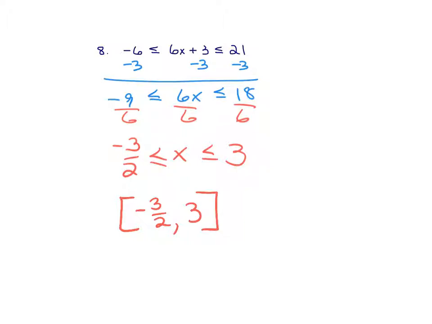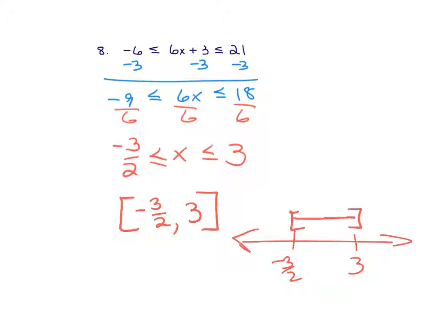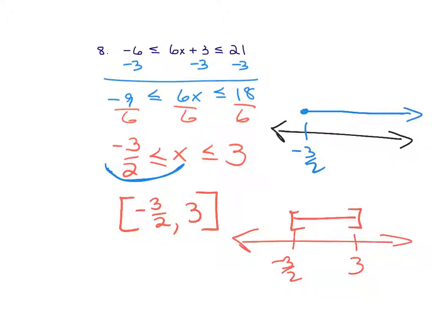And if you were to graph it, negative 3/2 first, then the 3, bracket, bracket, connect it in the middle. Because if you recall from Algebra 1, if you graphed just this one, it would have been right here on negative 3/2, a closed circle going this way.